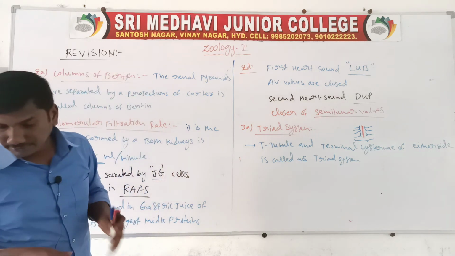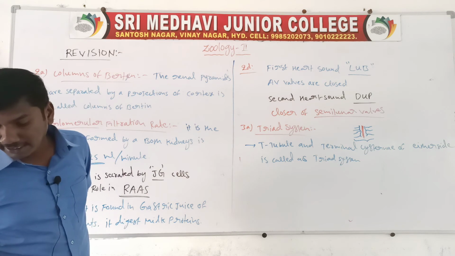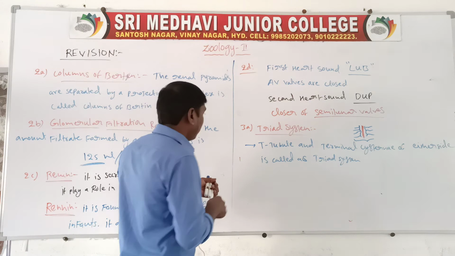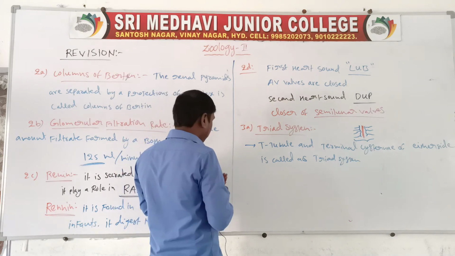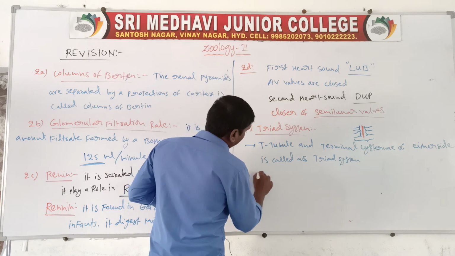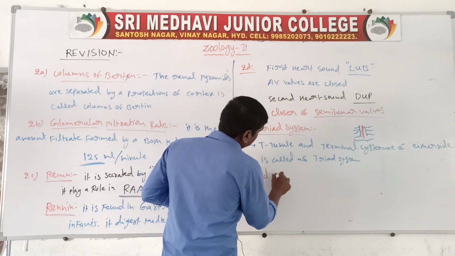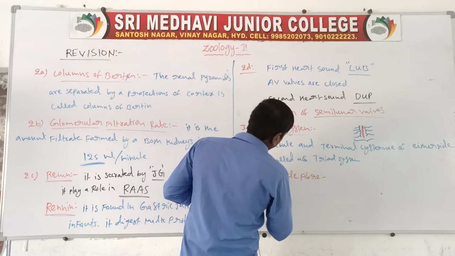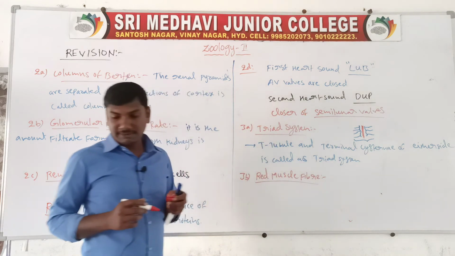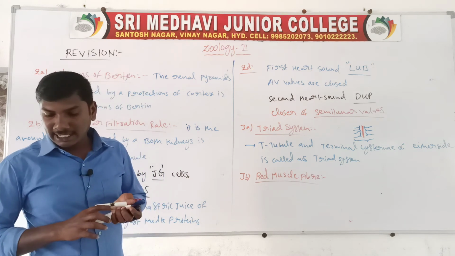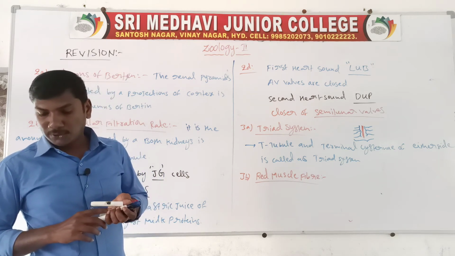Next question, red muscle fiber and white muscle fiber. Red muscle fiber means myoglobin is high and metabolically mitochondria are more.